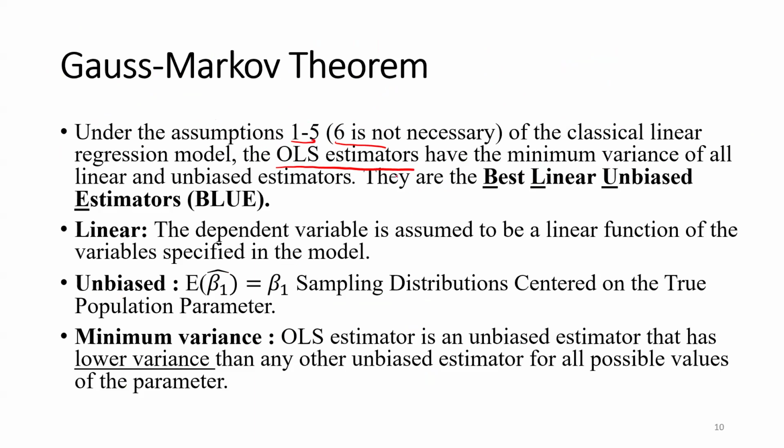They are the best. So this is best linear unbiased estimator. So I pick B, L, U, E, BLUE. Shortly, we can say that OLS is BLUE, the best.